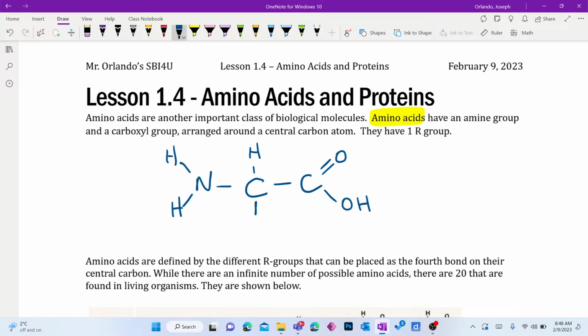And there's your R group. That's enough for today? No, I don't think so. We're going to keep going.